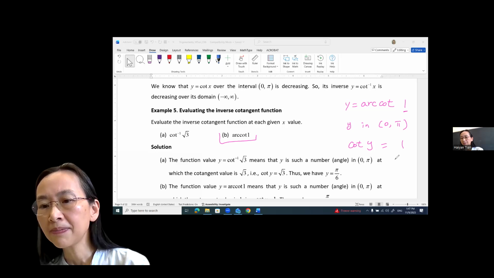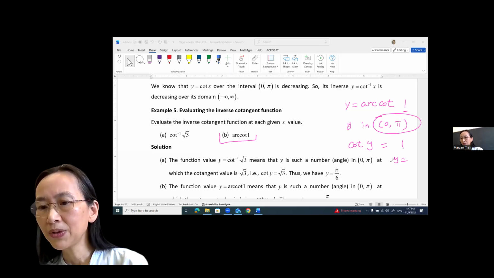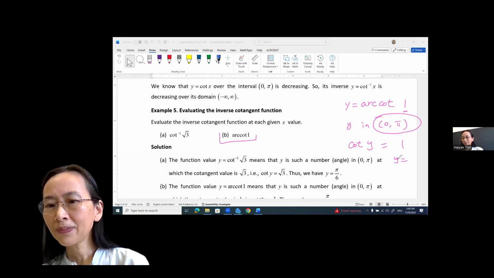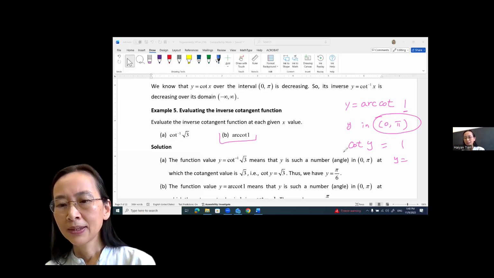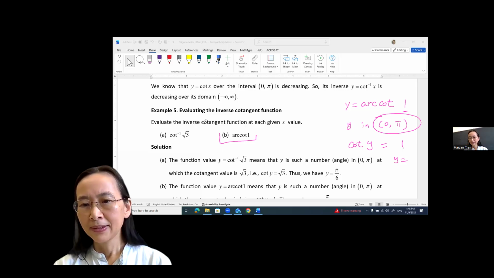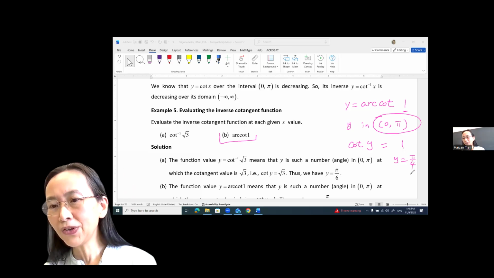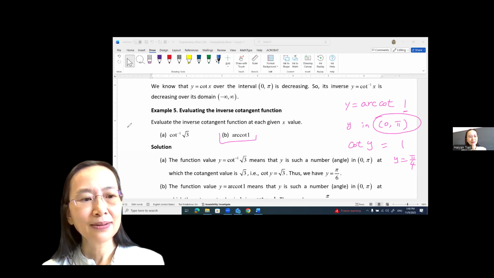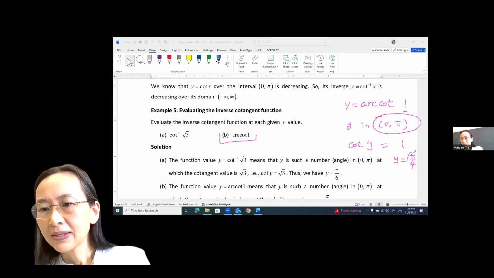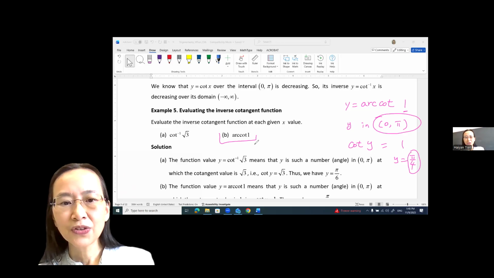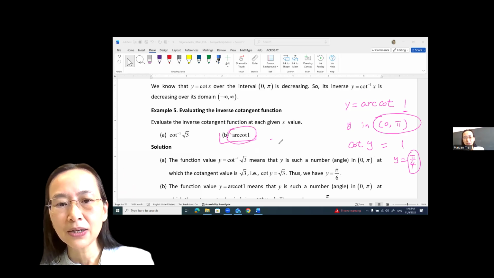So what is y? Think from that interval, what is the y? So pi over 4. Pi over 4, whose cotangent value is 1. Yeah, so that's the answer for the second problem. So this value should be pi over 4.